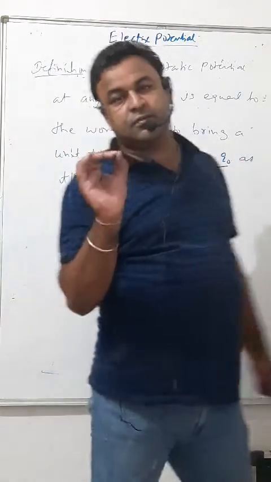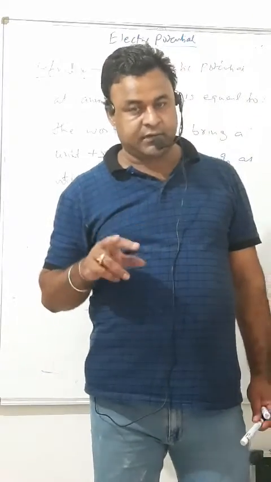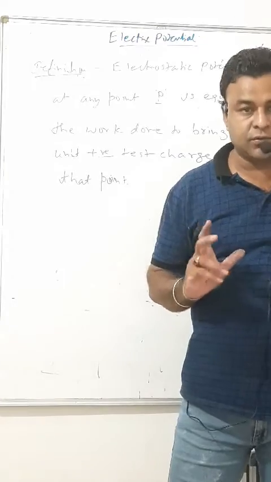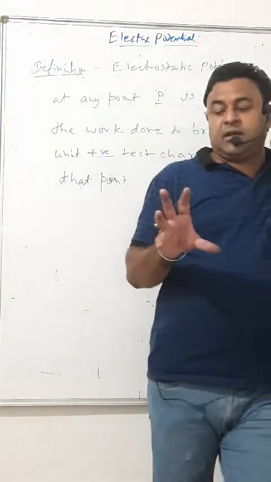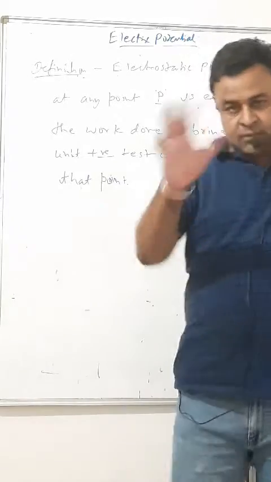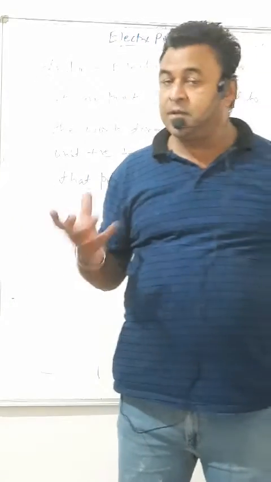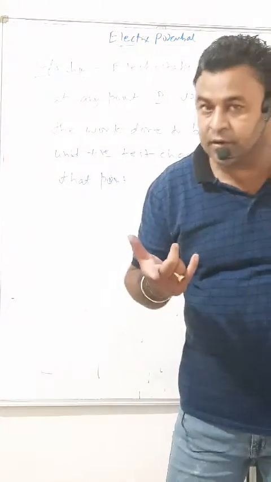Q naught is a very small charge which can experience the electric field, the electric force, but it can't generate its own force. Suppose there is already a collection of charge of, say, 4 coulomb, and we bring a 1 microcoulomb or 1 millicoulomb charge.